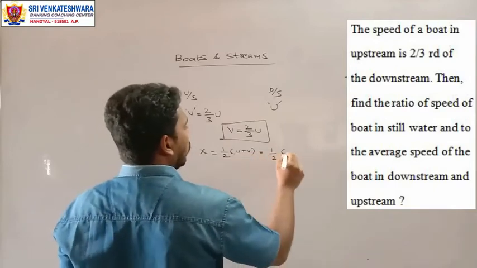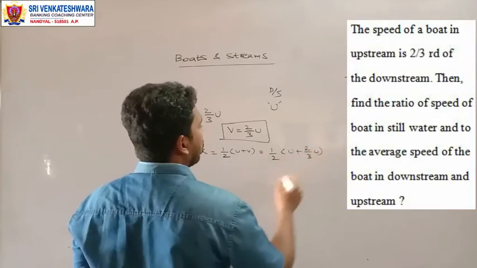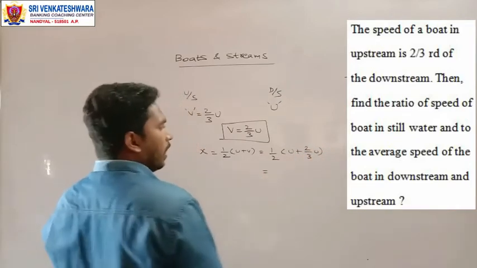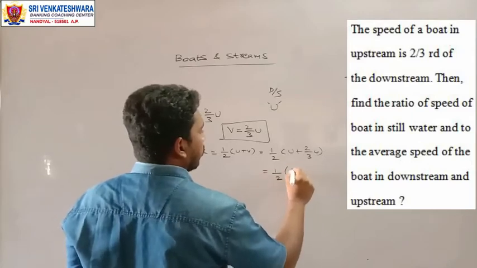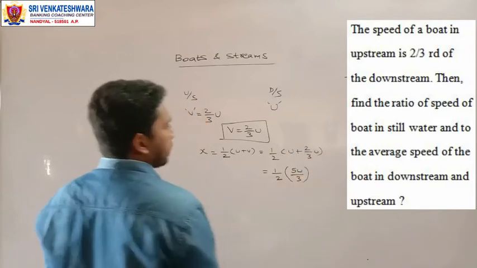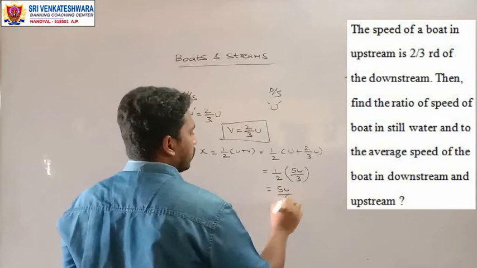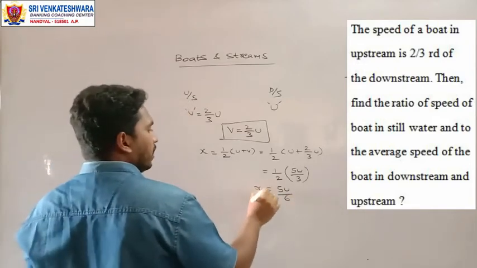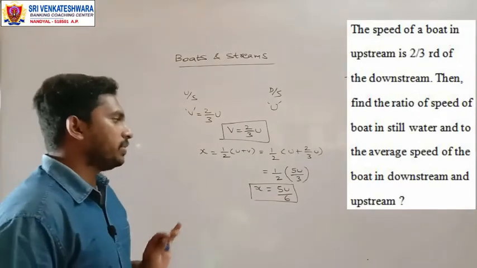So one is U and V in terms of U is 2/3 of U. And this will be half of 5U by 3, so 5U by 6. So the speed of boat in still water is 5U by 6.